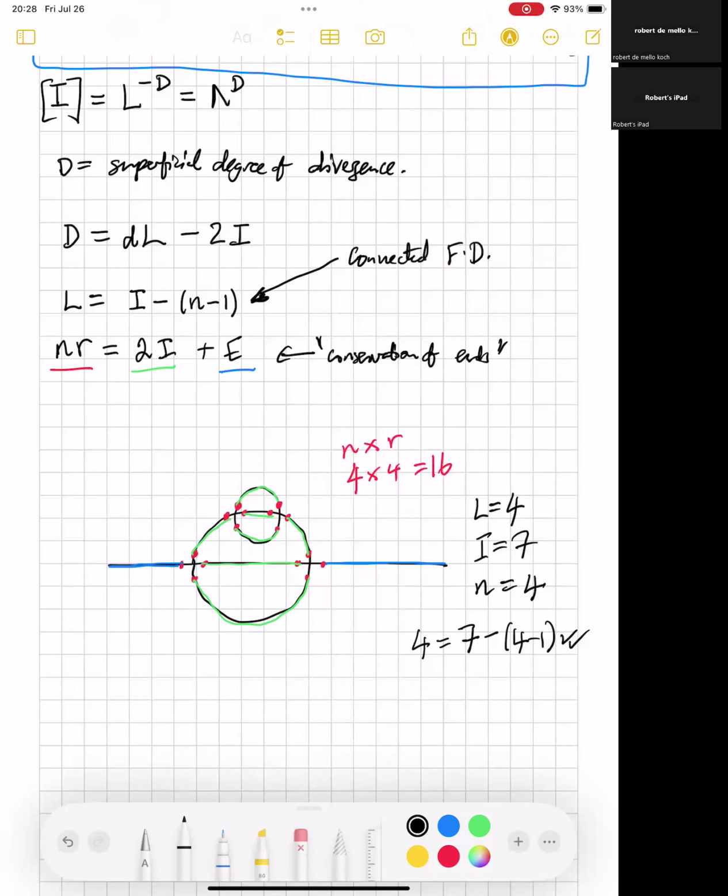Let me just make a comment. This is something that you might like to prove. If you have a Feynman diagram with k disconnected pieces, you need a delta function enforcing energy momentum conservation on each of those disconnected pieces. So if there were k disconnected pieces, we would expect L to be I minus n plus k.